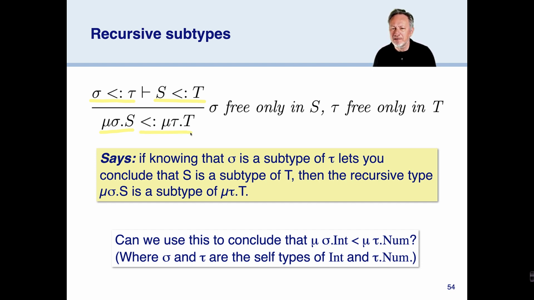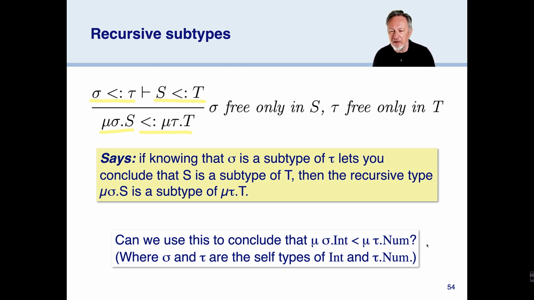So if knowing that sigma is a subtype of tau lets you conclude that S is a subtype of T, then the recursive type S is a subtype of the recursive type T. Looks superficially kind of reasonable, but does it work in practice?